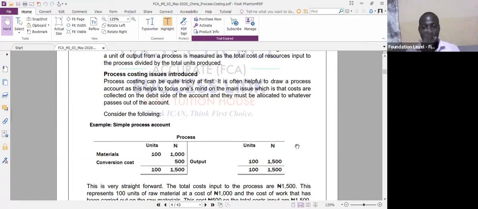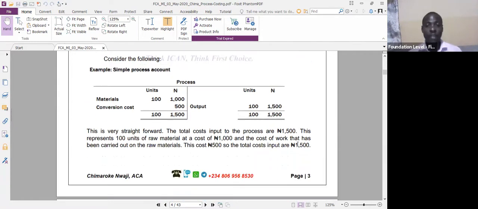Look at conversion costs, 500 naira. Then you look at the output, 100 units costing you 15. Can you see that the two accounts are balanced? The one on the left hand side and the one on the right hand side are balanced.